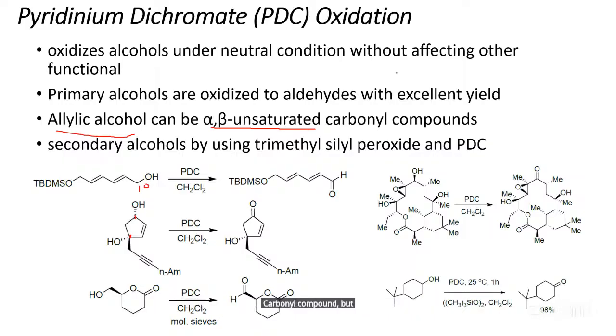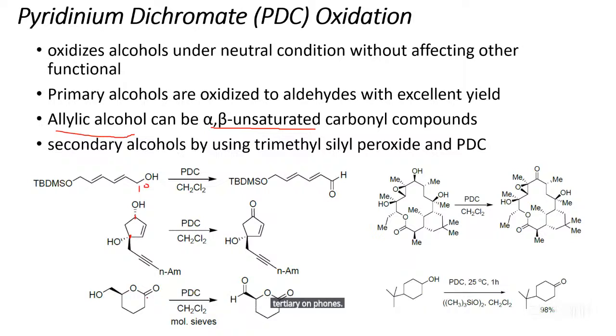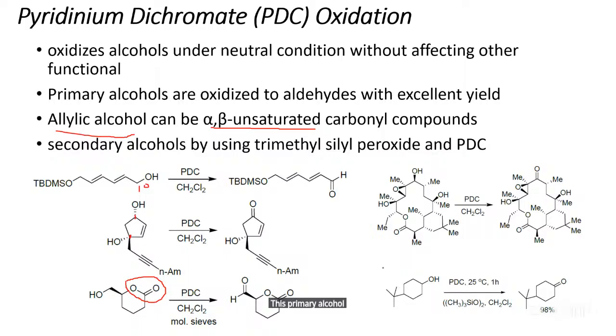But again, this condition is there without affecting other functional groups. That means secondary alcohols are oxidized easily as compared to tertiary alcohols. Here in the third example, this lactone remains as it is. No change is present on the lactone while converting this primary alcohol to the aldehyde.